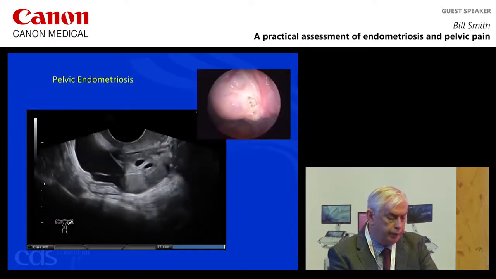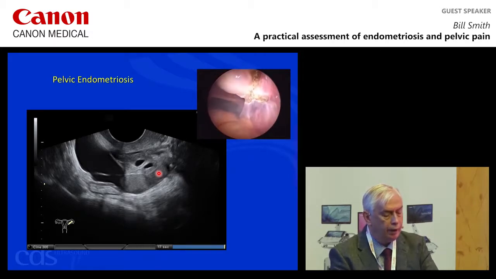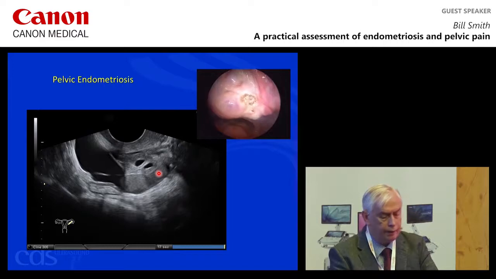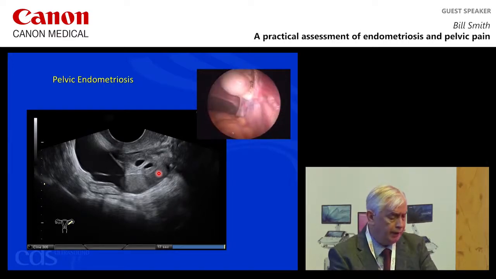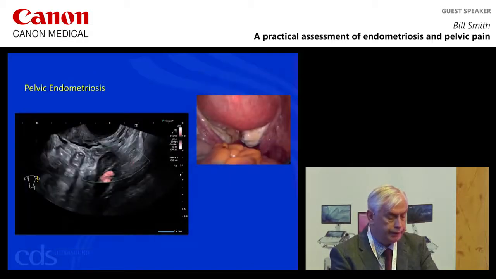Obviously, we associate endometriosis with adhesions. And certainly where we have ovarian lesions, you can see the flimsy adhesions there that we're opening up, then that's a sign of endometriosis and formation of adhesions.